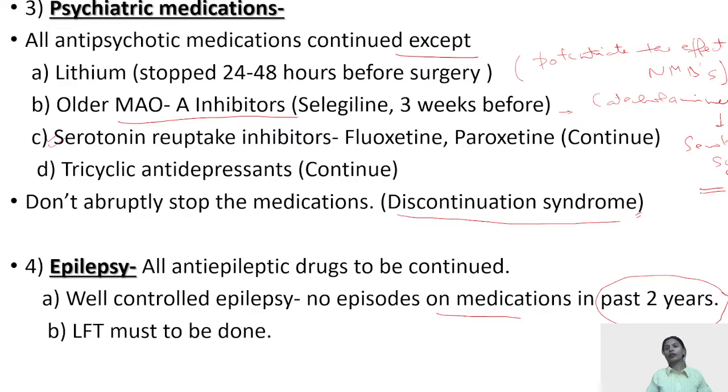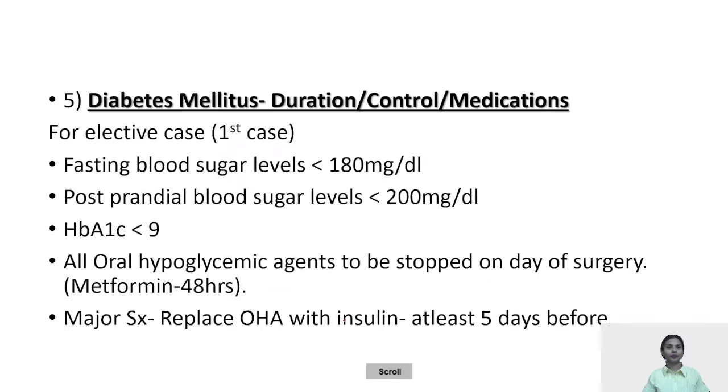That is a well-controlled epilepsy, and no further testing is required in such a patient in which no episode of epilepsy has occurred since 2 years and the patient is on regular medications. But all anti-epileptic drugs can derange your liver functions. So kindly get the liver function test done in epileptic patients.